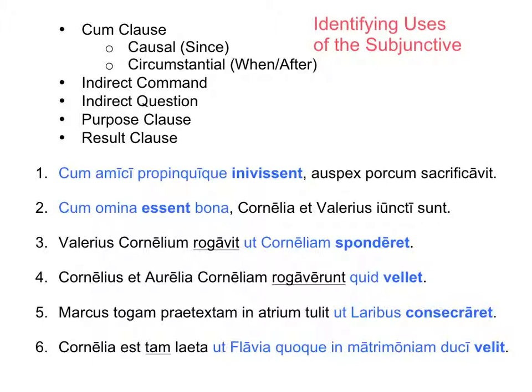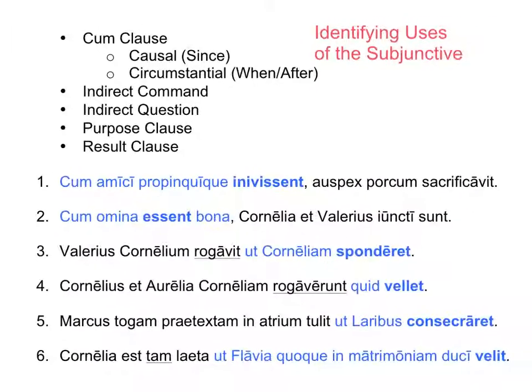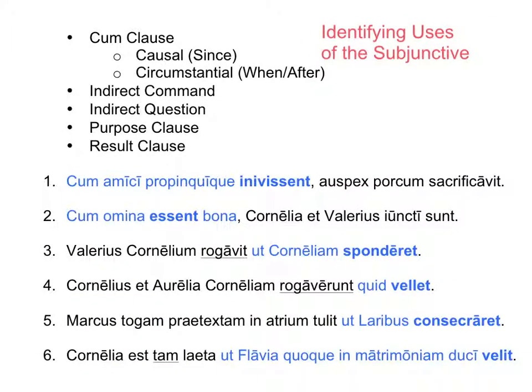Well, when I'm looking at the first two, I'm seeing the word cum, so that makes it pretty clear that both of these are cum clauses. Now, whether they're causal or circumstantial will come through in the translation, but it's seeing the cum that really helps me identify the cum clause.